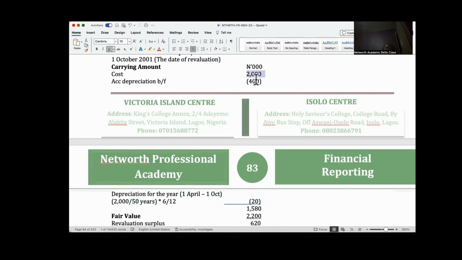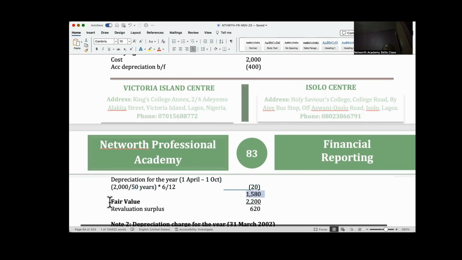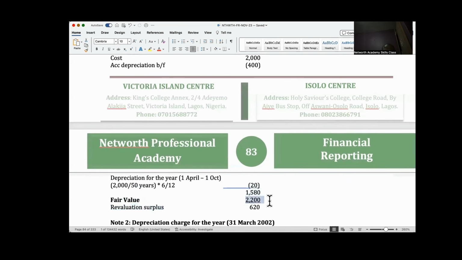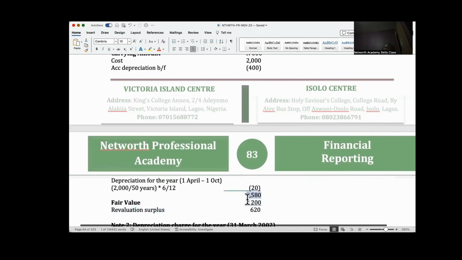If I do this minus the accumulated depreciation, that gives me 1,580. I will compare this 1,580 with my fair value, which is 2,200. Then I have my revaluation surplus because the fair value is higher than the carrying amount. I have a revaluation surplus of 620.